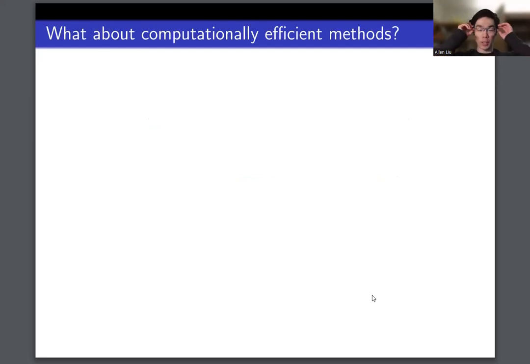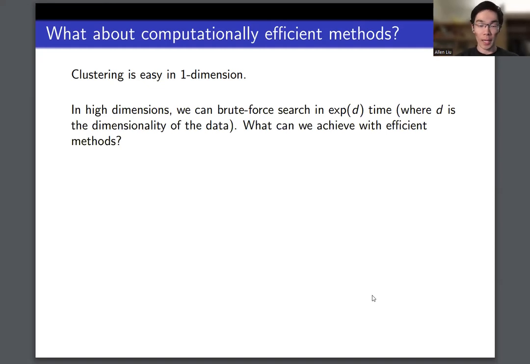Now, the picture becomes a lot more complicated when we instead look at computationally efficient algorithms. First, note that in one dimension clustering is very easy because the points have to be spread out in 1D. However, in high dimensions, the problem becomes a lot more complex. If we don't care about efficiency, then we can brute force search in exponential in D time, where D is the dimensionality of the data.